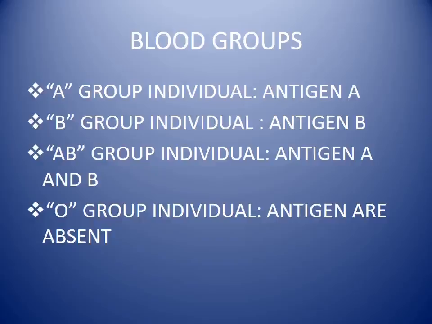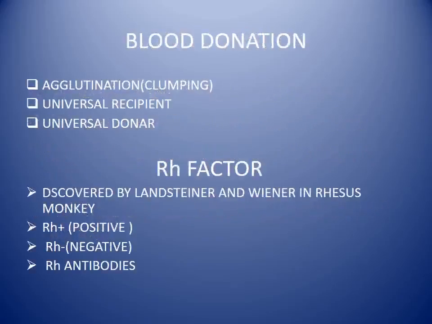A group individuals have antigen A. B group individuals have antigen B. AB group individuals have antigen A and B. O group individuals have antigens A and B absent, that means no antigens.